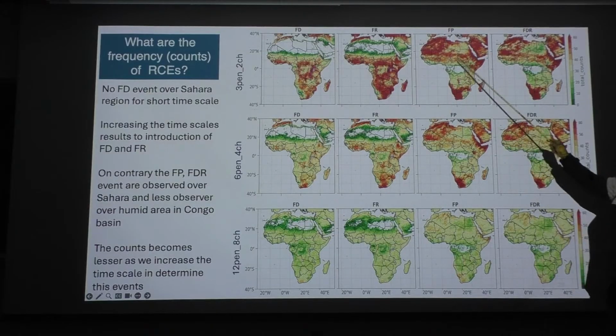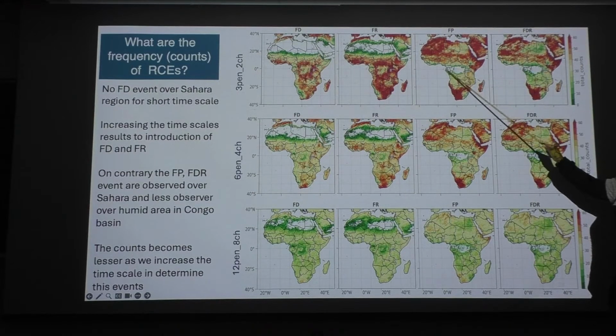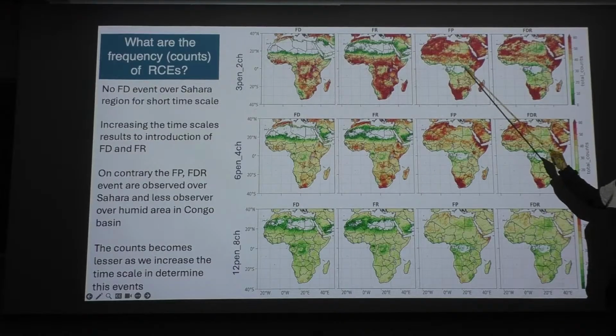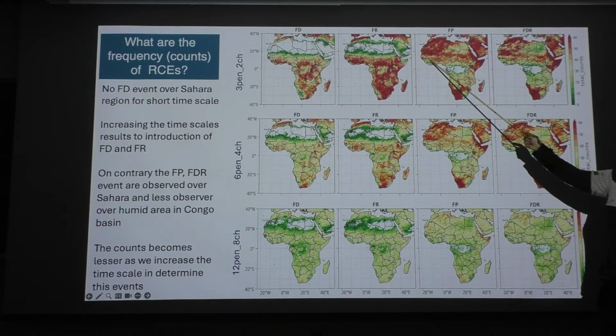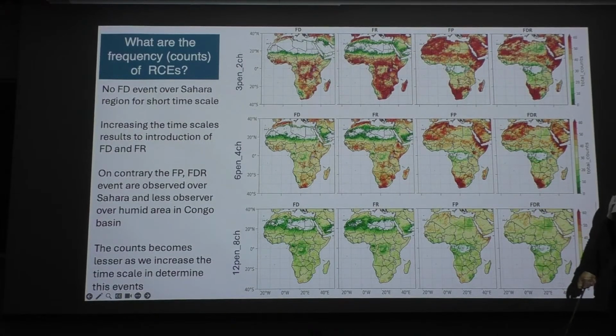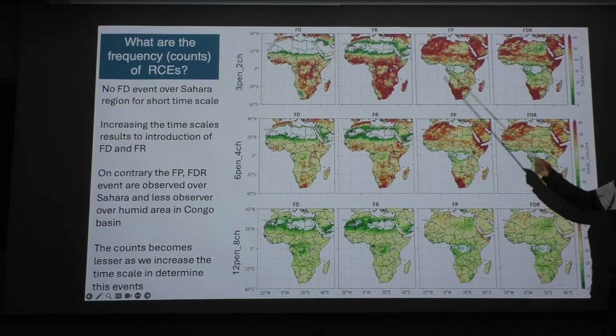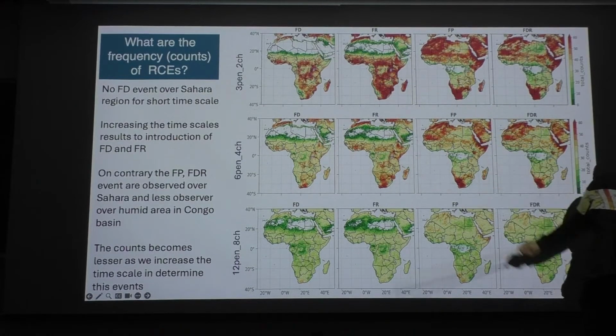For flash pluvial, it is the same over the Congo Basin: there is no activity, as there is already a lot of wet condition there, like the Congo Forest. However, over the Sahara, if it rains there, you automatically have an abnormality compared to the dry state.